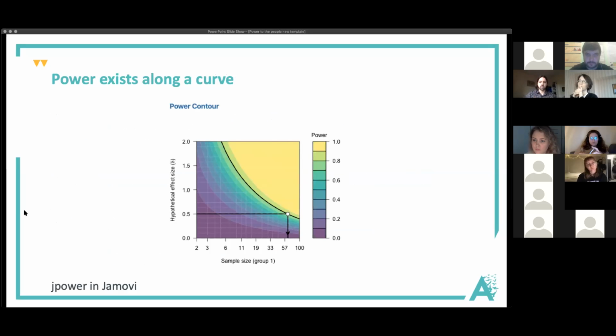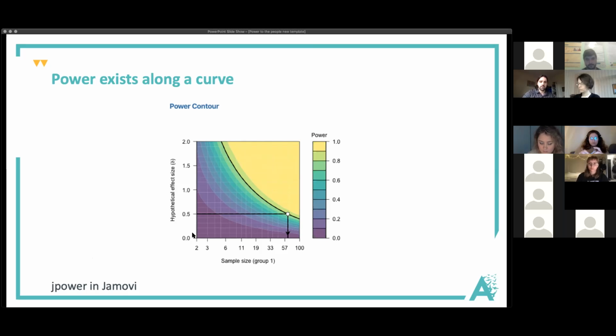And to demonstrate this, I talked about it in terms of the distribution of p-values, but power isn't a single number. The second most important concept is that it exists along a curve. So if you use Jamovi to do power analysis, you'll get this graph. You can also get G*Power to calculate a power curve as well.